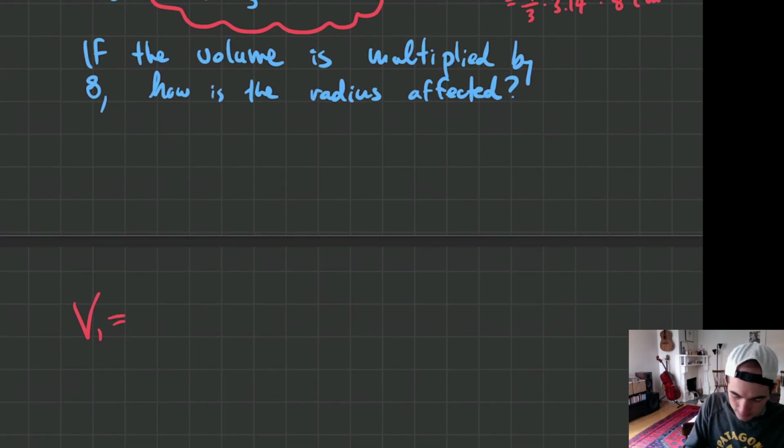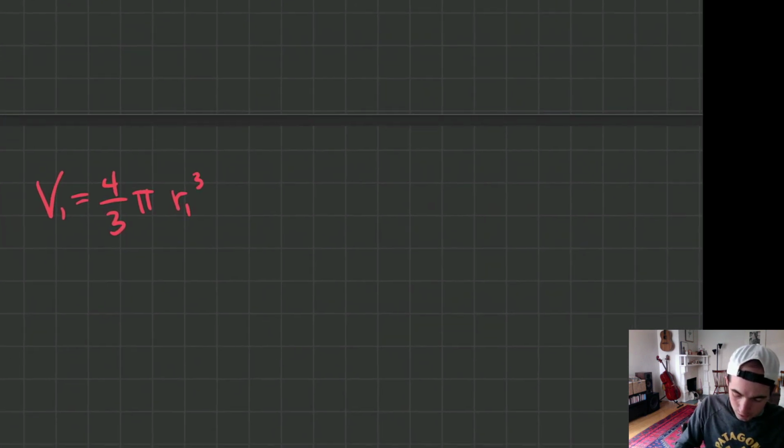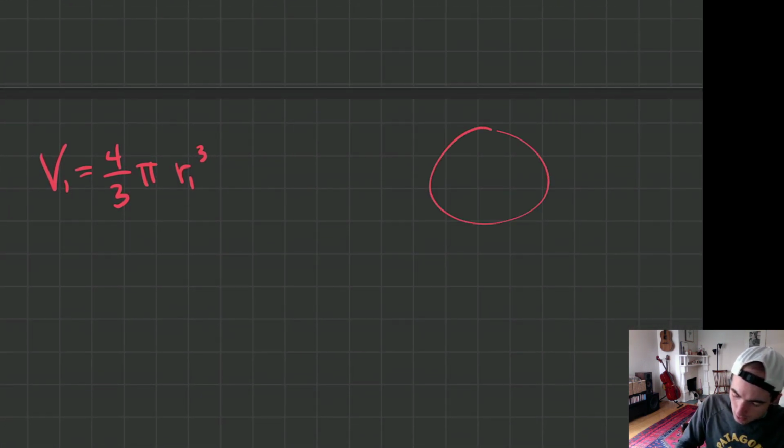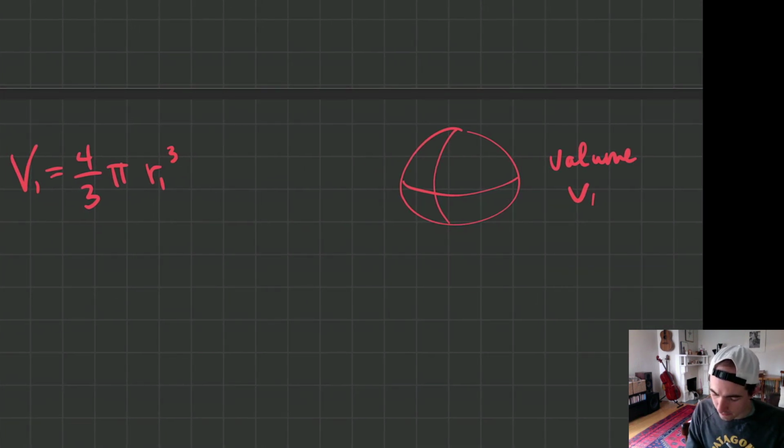That's 4/3 pi r cubed, and I'm going to call that r1, because that's my initial radius. So here's my sphere, and it has volume v1. That means the radius here is r1.